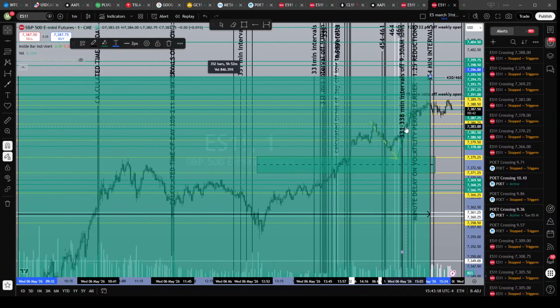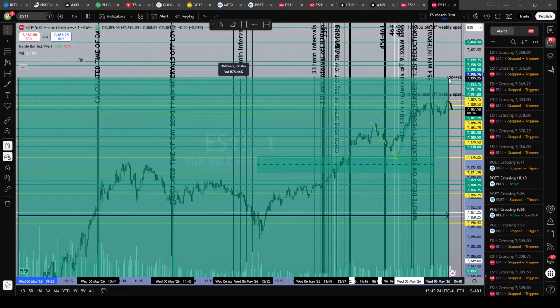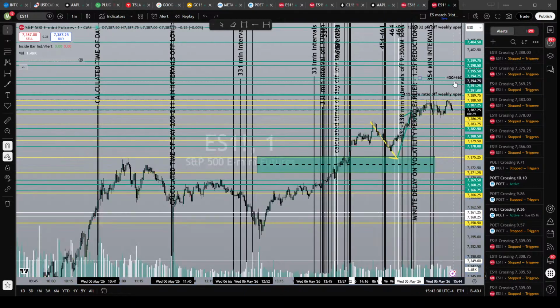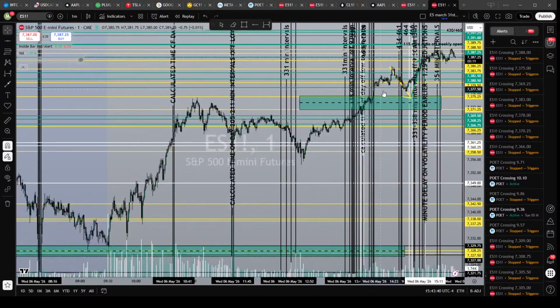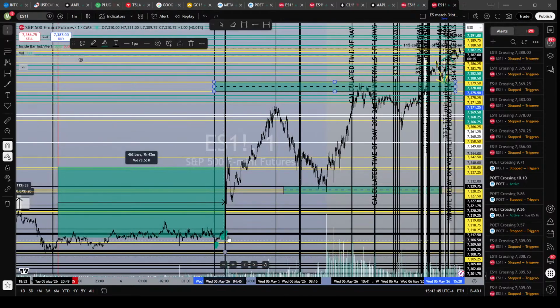But it's not just a calculated time. This is on a calculated price too. These are probably the 370s here, which I didn't really find that much importance around 370-minute intervals anyway, but... I'm just showing you what it could have netted if you did the inverse and you failed at this point in time here.